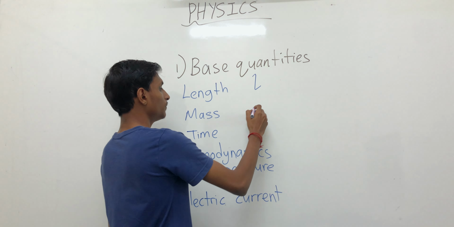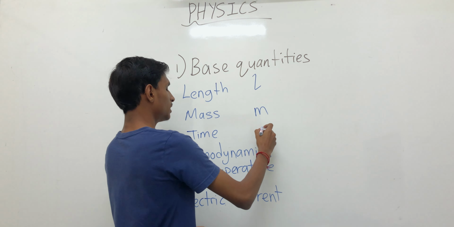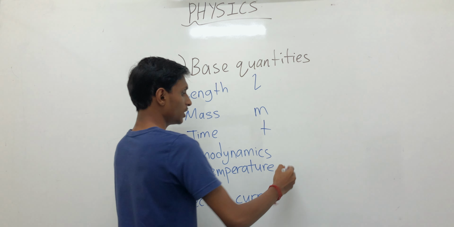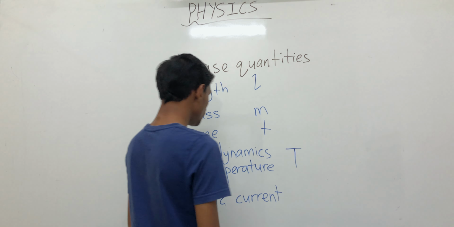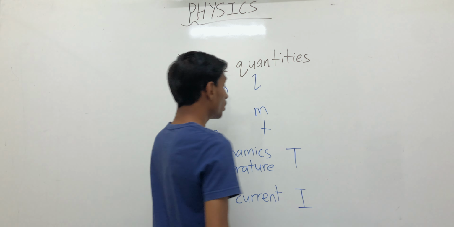For mass we use M, mass. Time is T, and also thermodynamic temperature, so we use a capital T, and for electric current we use I. Now what are these?